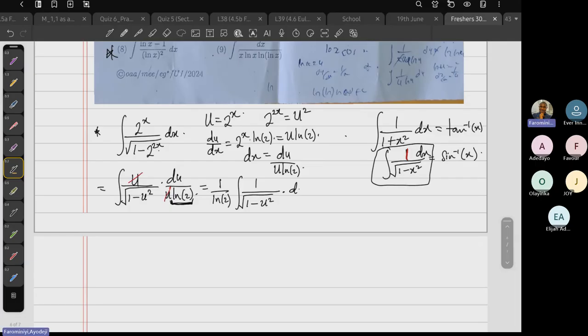And from what we said, the integral of 1 over square root of 1 minus x squared with respect to x is arc sine x. So this will be 1 over natural log of 2 times sine inverse of U plus c. So our answer is 1 over natural log of 2 times sine inverse of 2 to the power of x plus c.